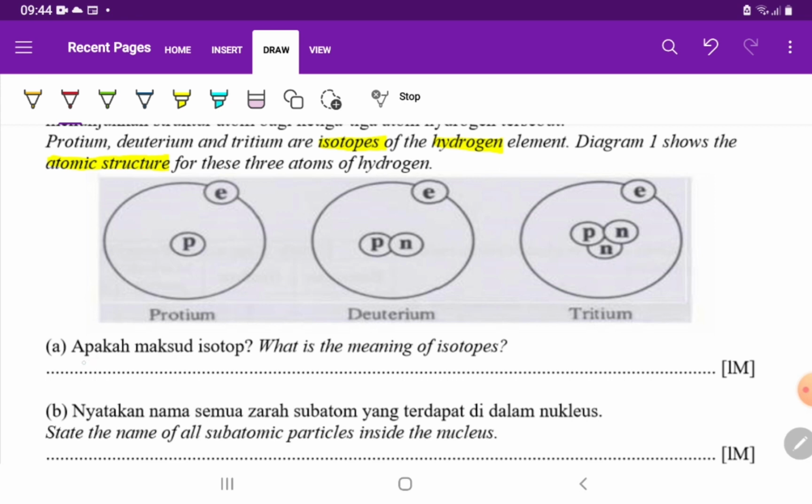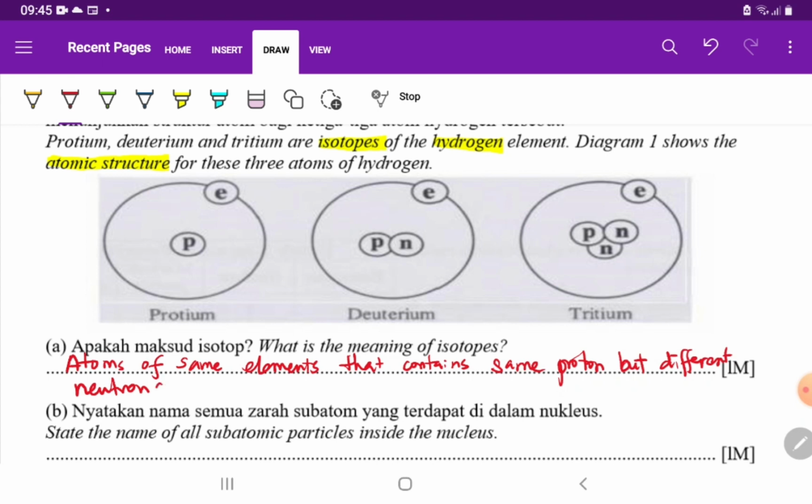They are atoms of the same element that contain the same protons but different neutrons, or different nucleon number.